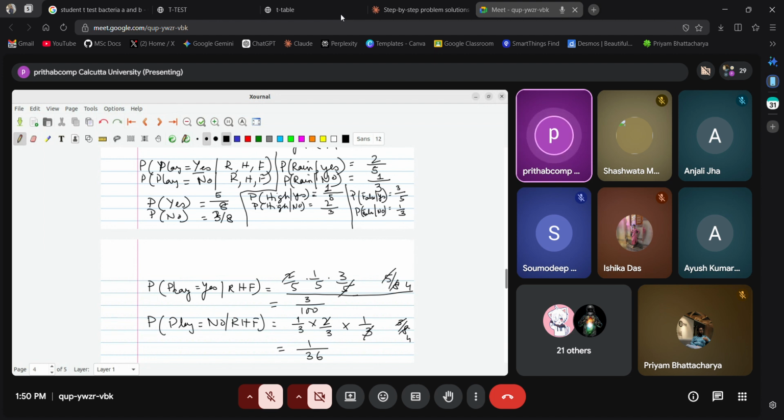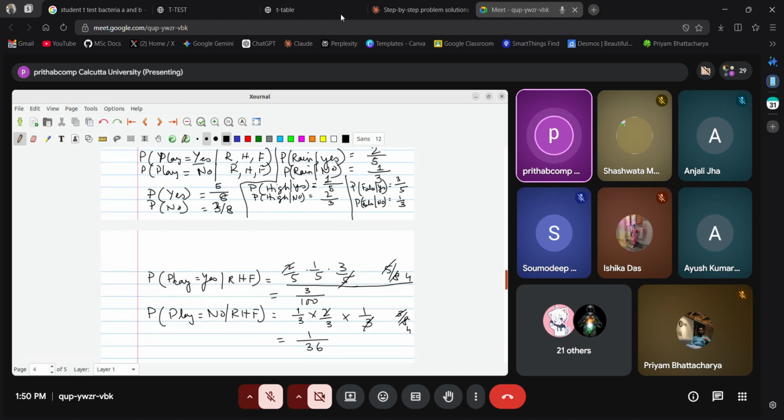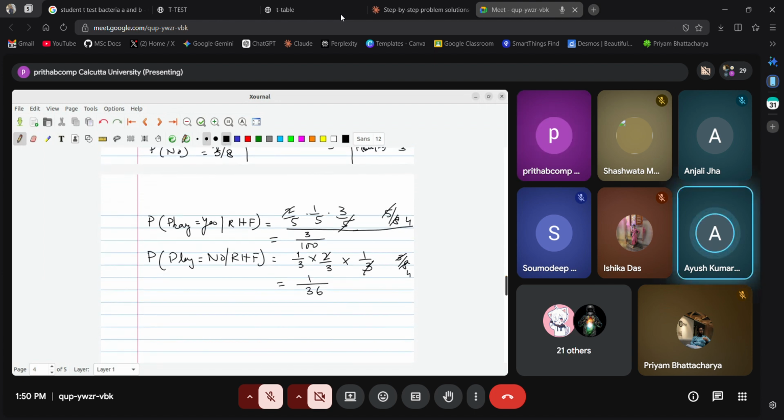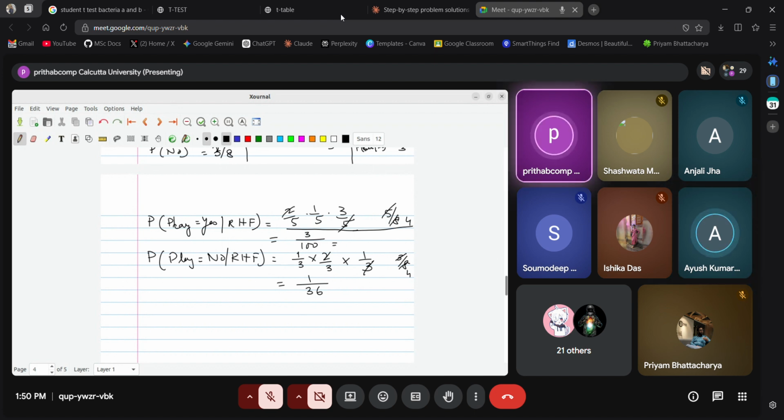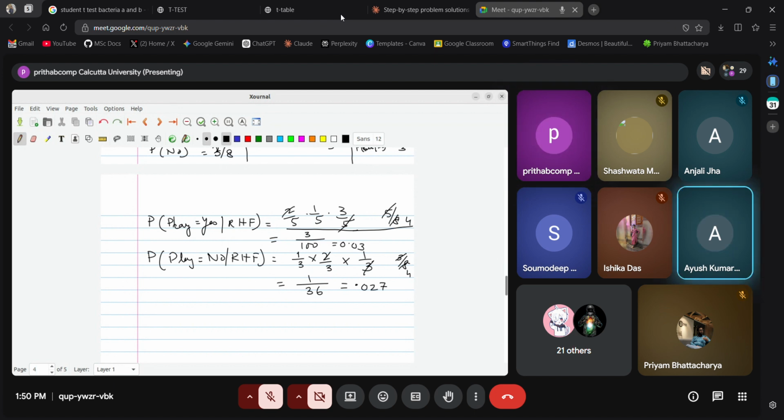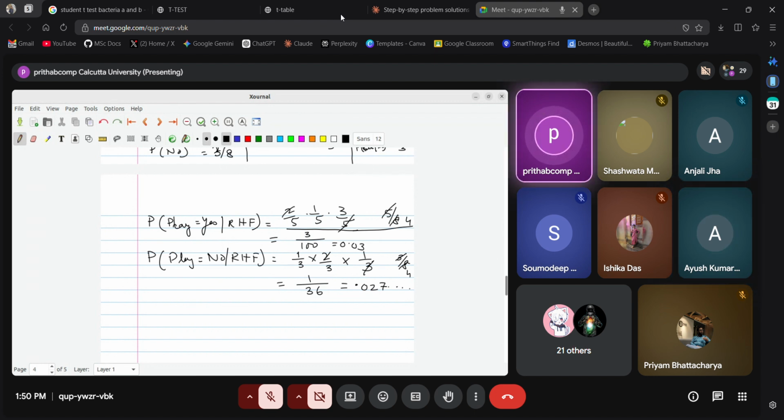So which one is greater? Tell me. The above is 0.03. And this is 0.027 recurring. So which one is greater?